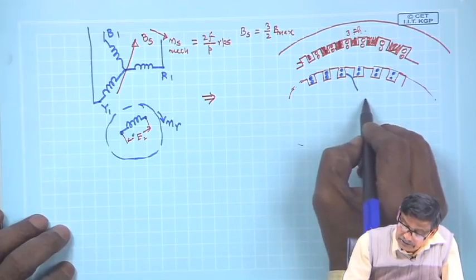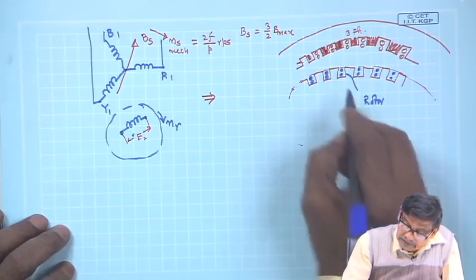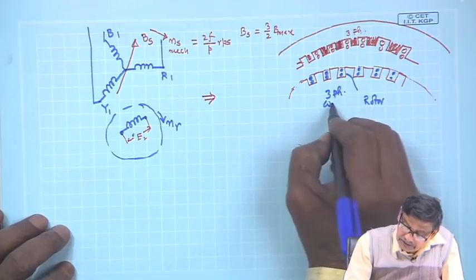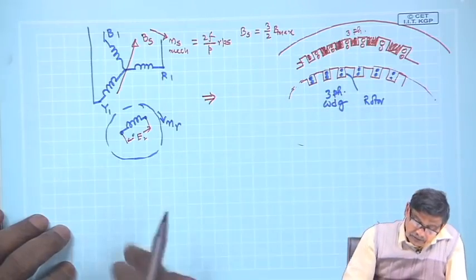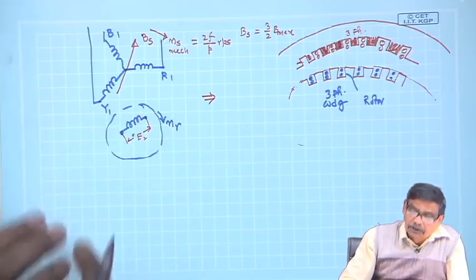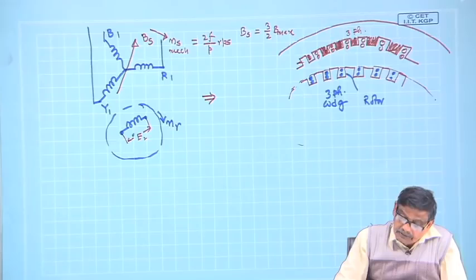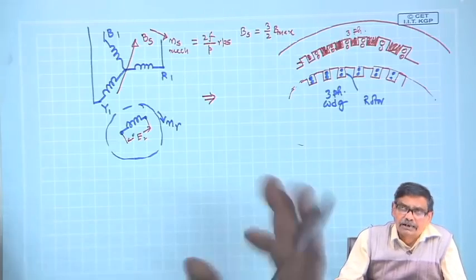So, this is the rotor and a 3-phase winding is also wound on the rotor. So, instead of a single coil on the rotor, I will now have a balanced 3-phase winding on the rotor, just similar to that of the stator.